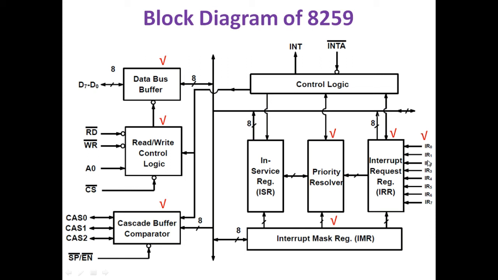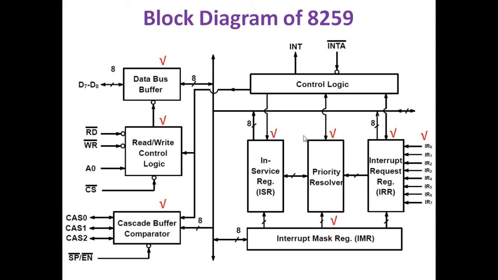If IR1 is not enabled, then the priority resolver does not tell the ISR register to give the service to IR1. Okay, if IR1 is enabled inside the IMR register and the interrupt IR1 requires the service, then and only then the priority resolver informs the ISR, the interrupt service register, that IR1 needs the service and to take the further action or generate the INT signal or interrupt signal to get the service.